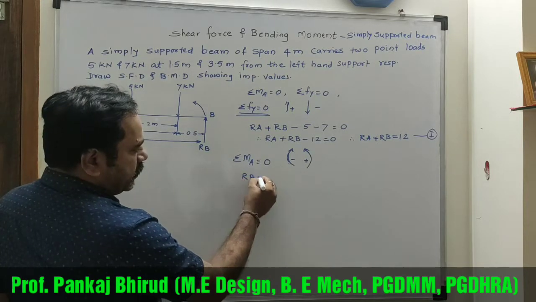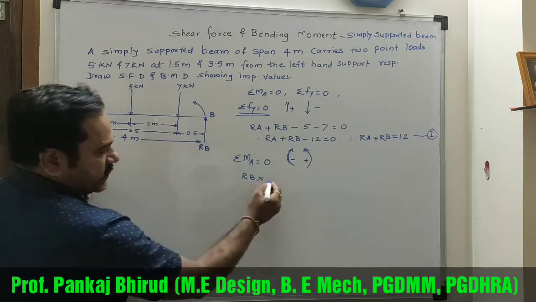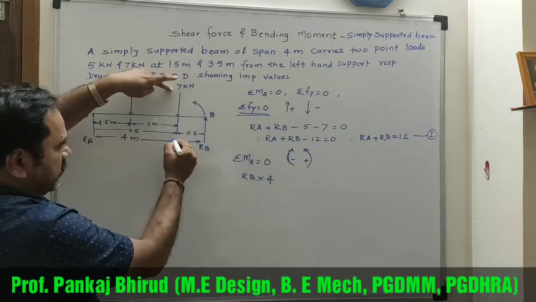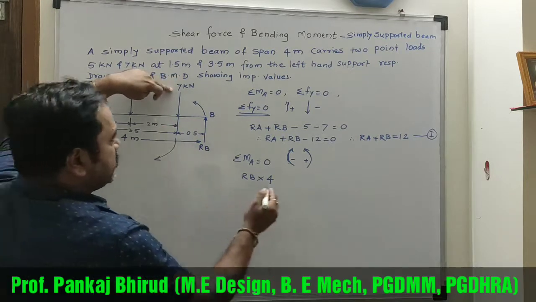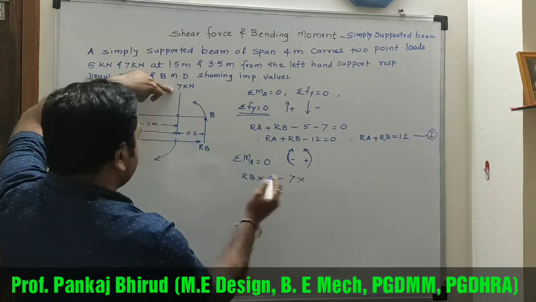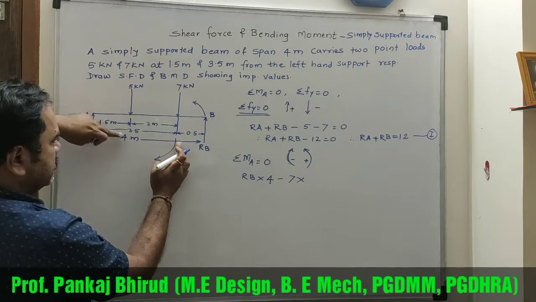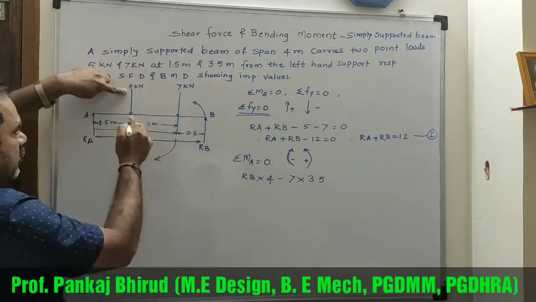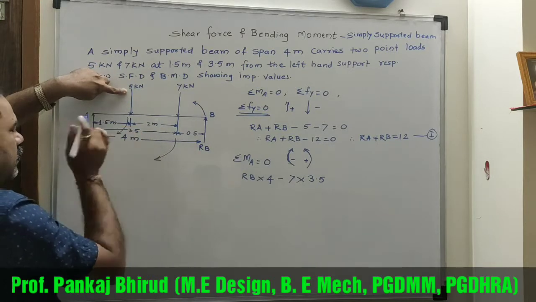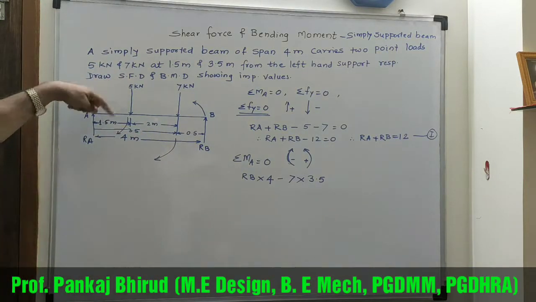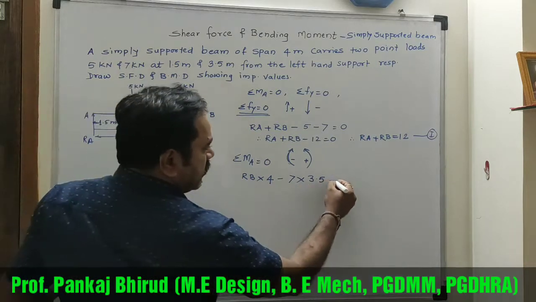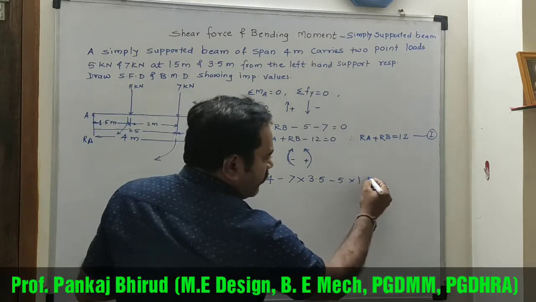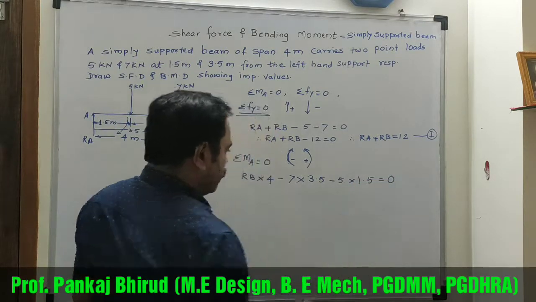So RB into perpendicular distance, that is 4. Now second force 7 kN, it is acting clockwise, so minus 7 into perpendicular distance, and that is 3.5. Now third one, it also acts in a clockwise direction, so it is minus 5 into perpendicular distance, that is 1.5, is equal to 0.